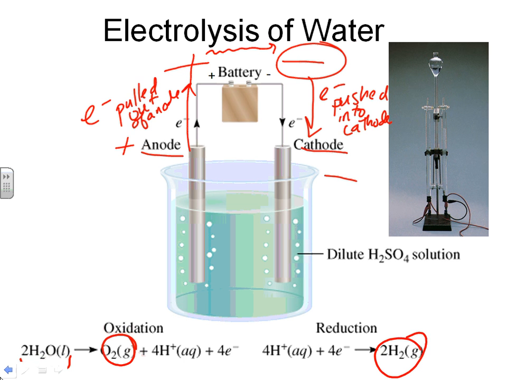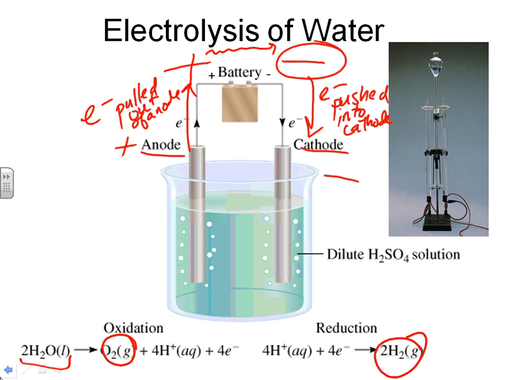This is how we force redox reactions to happen. It truly is this idea of pull and push based on the charges in the battery. You hook the positive end up to the anode, the electrons get sucked out due to electrostatic attraction and the voltage source, and then they get to the negative end of the battery and are pushed away due to electrostatic repulsion, negatives repelling one another.